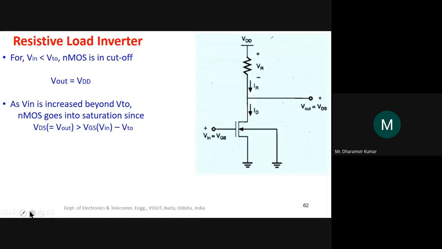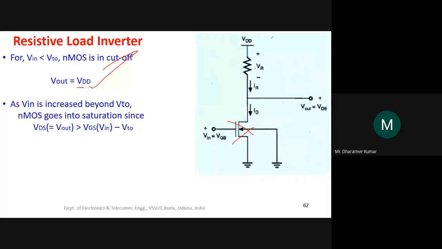This can be written like this: the output voltage is equal to the supply voltage when the device is cut off, or when this is not working.